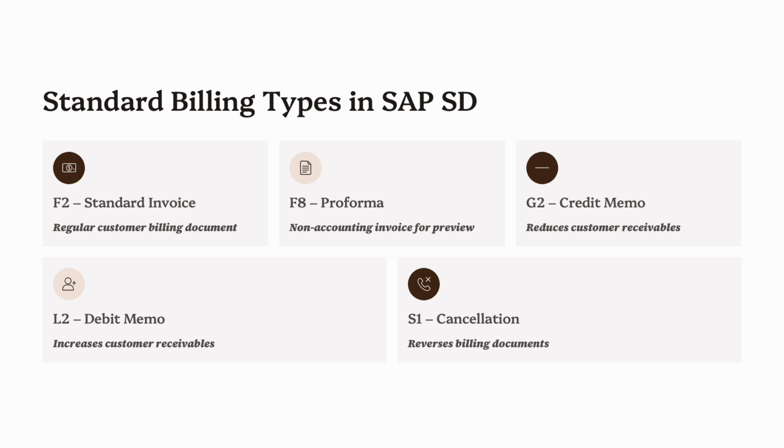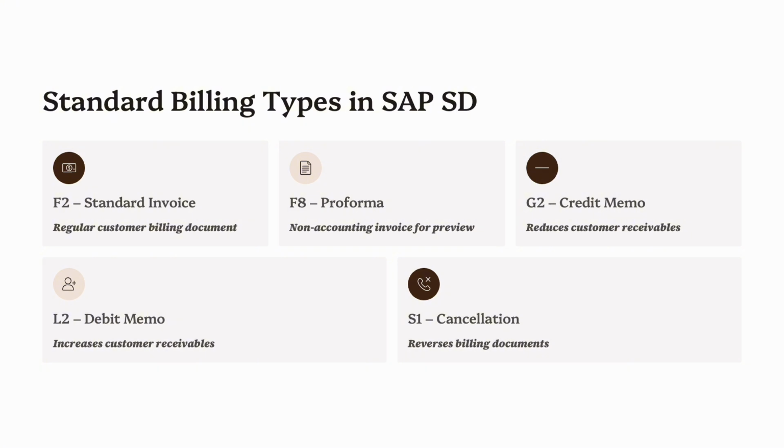Key points. Uses delivery quantity, uses pricing from the sales order, posts revenue after PGI, avoids overbilling. Default method for most industries. You will see delivery-based billing in retail, manufacturing, FMCG, automotive, food and beverage.